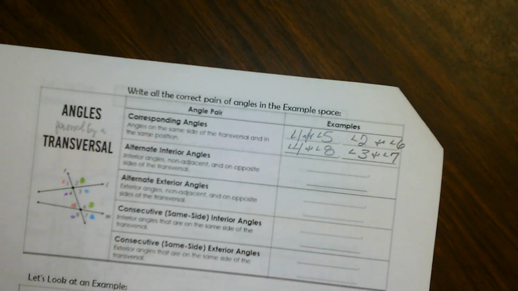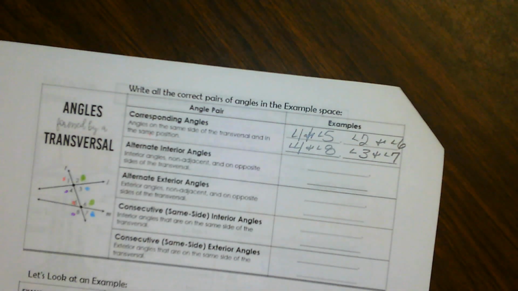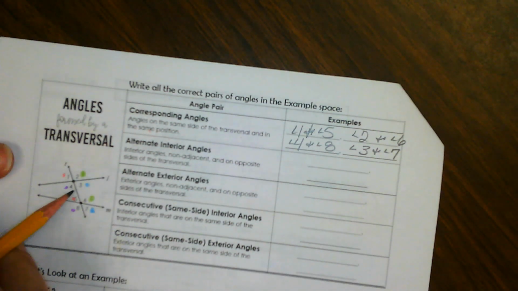Let's look at the next one. Alternate interior angles. Alternate means opposite sides of the transversal. So we have 4 and 6, that's the first set. Then 3 and 5, my bad.